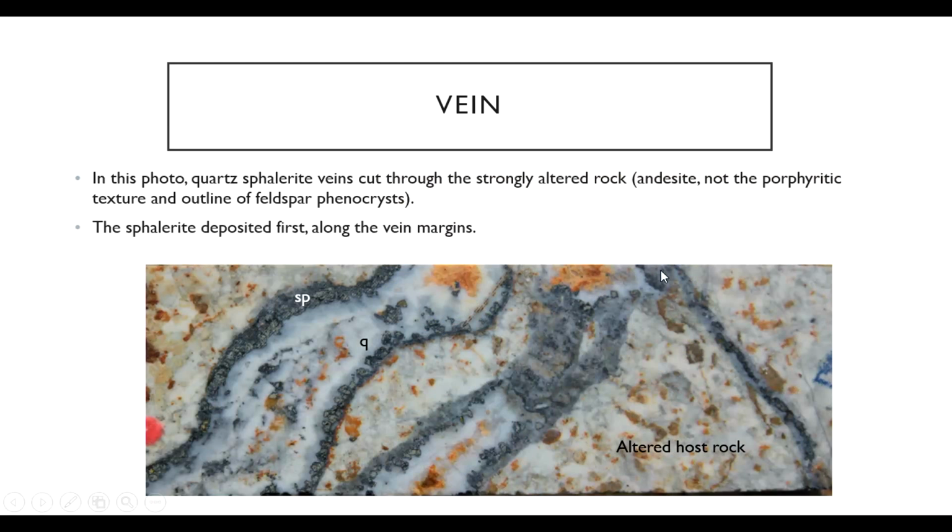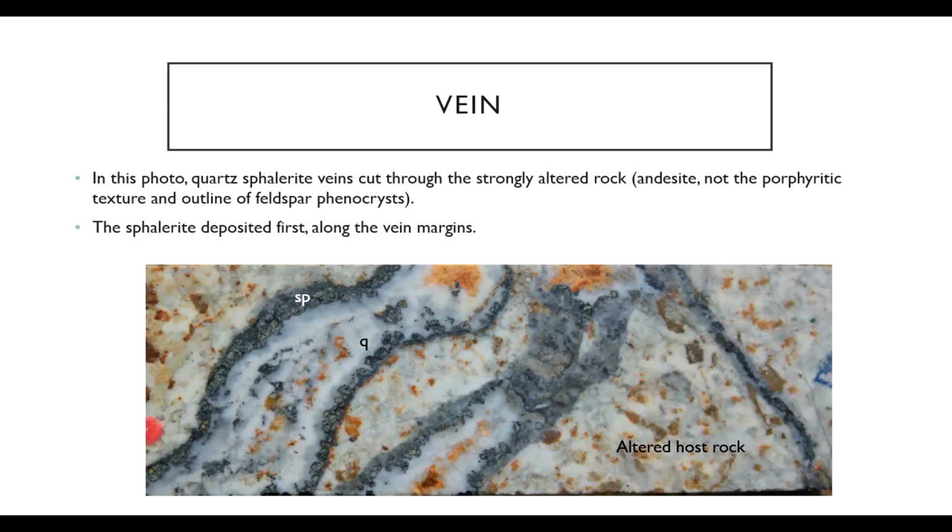Here's quite a nice vein structure. We have sphalerite cutting through a strongly altered andesite. And this is the case where you can start to get that timing relationship, where we have the sphalerite crystallized on the edge. You can see that we get these nice bands, and then the vein is actually crystallizing this way, and then we have another stage of a bit of sphalerite deposition and maybe some more quartz.